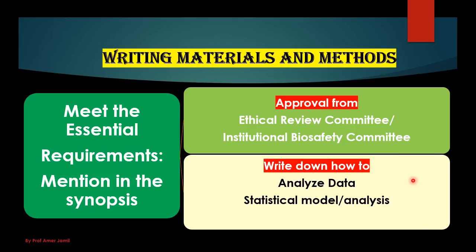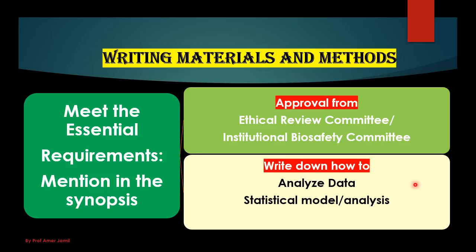And then you also have to mention how you would analyze your data, for example, by MS Excel or some other software, and also which statistical model you want to use, if a statistical model is applied, and how you would analyze your data statistically.